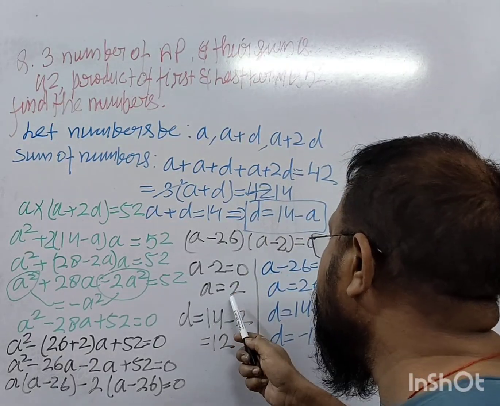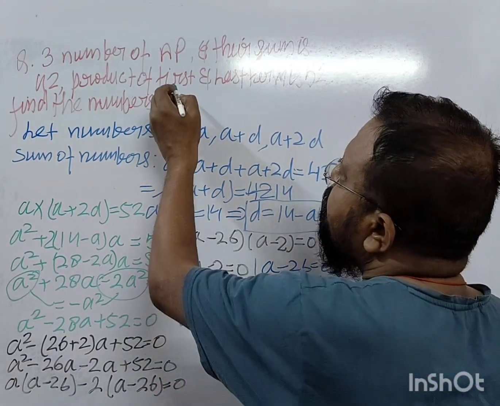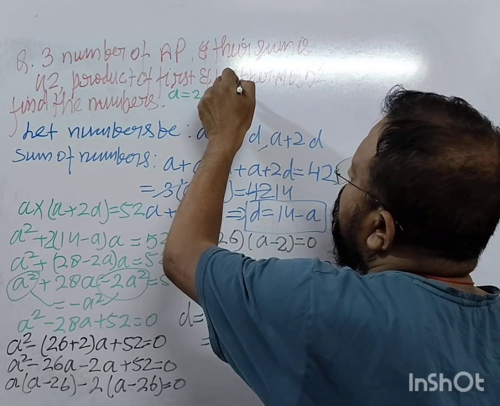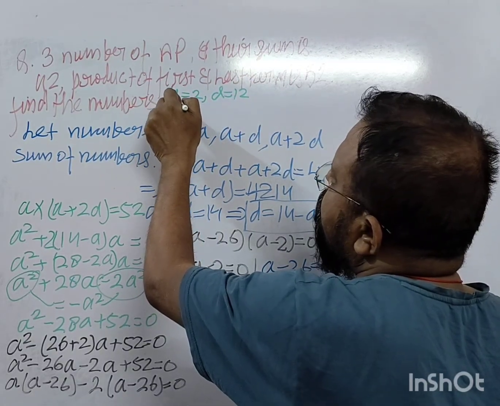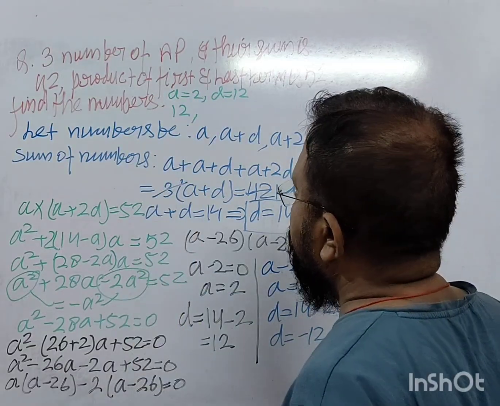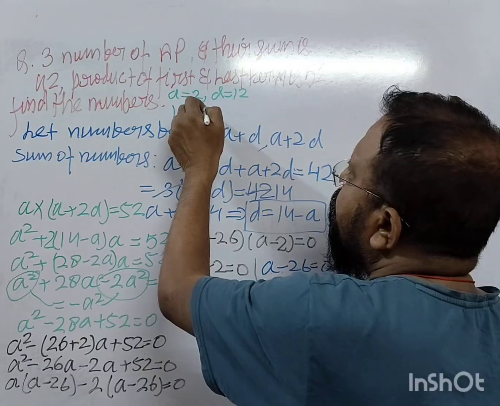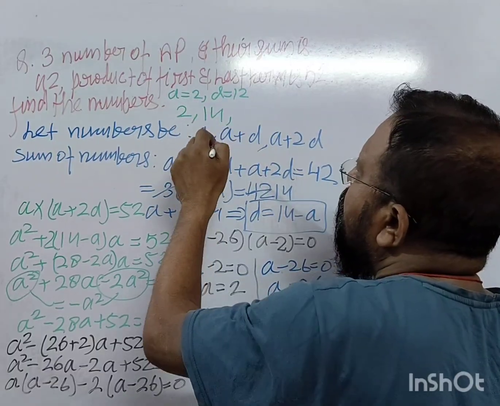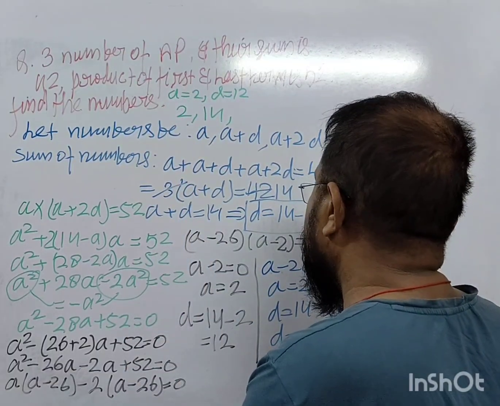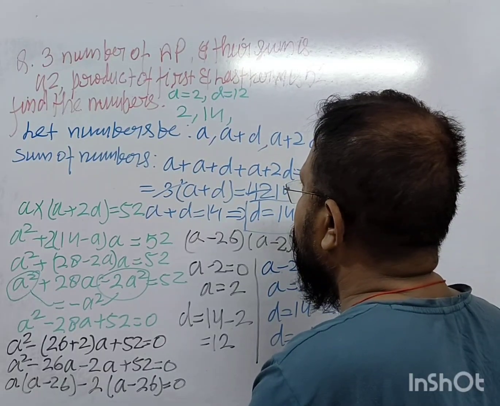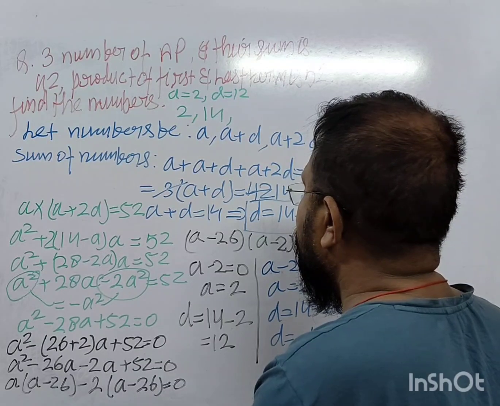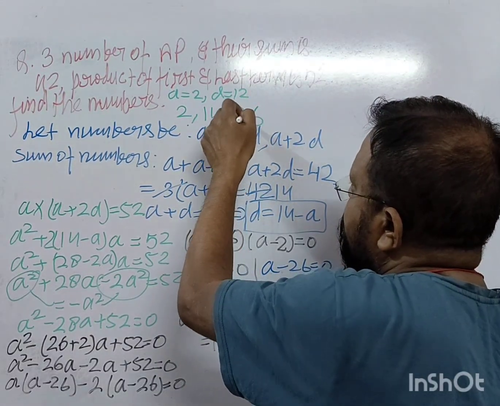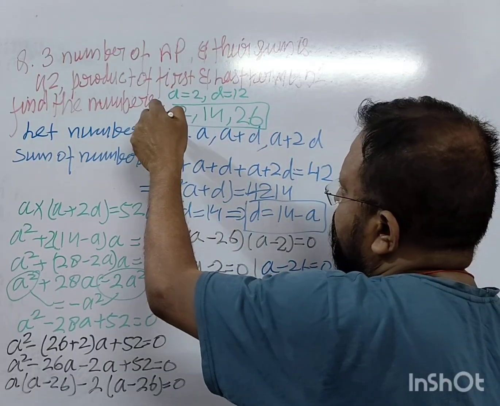Numbers will be, if we take a is equal to 2 and d is equal to 12, a is equal to 2, then you get 14, and then you get 26, a plus 2d. These will be the numbers, right?